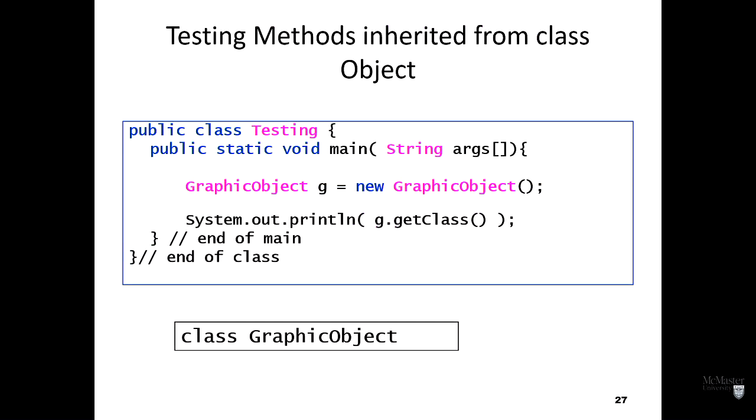So let's see how this would happen. For example, we already have the graphic object class from the one that you supposedly implemented at home. If you just say g.getClass, we didn't create a method called getClass in our graphic object class, right? But it will return you something, which is the name of the class. How did this happen? Because this is a method that is inherited from the parent, right?